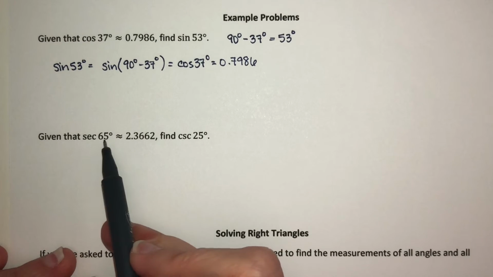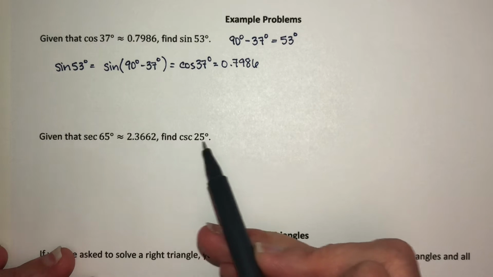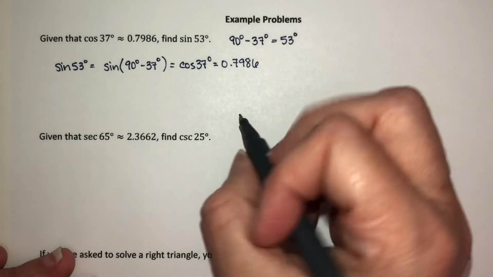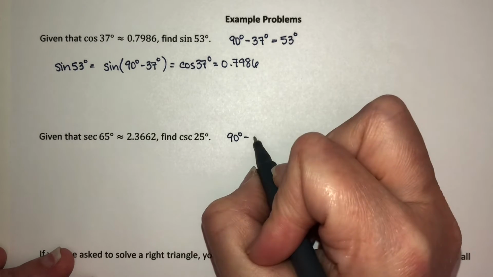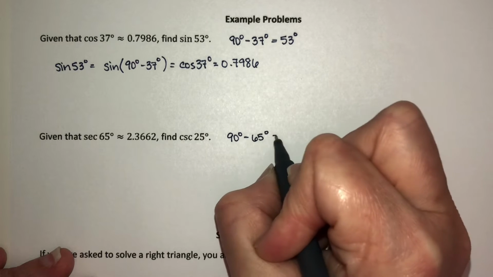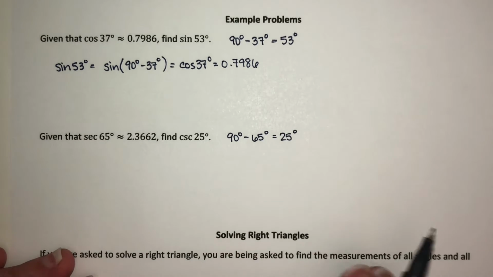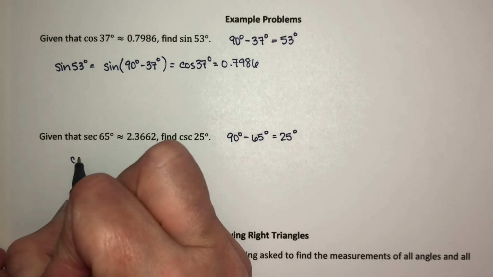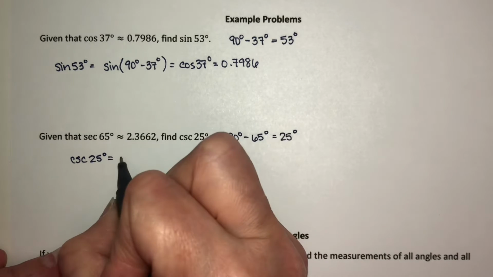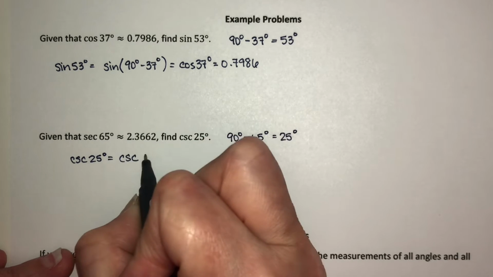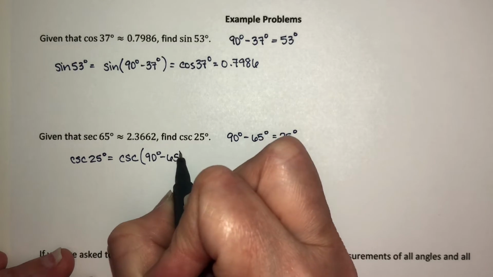Given that secant of 65 degrees is 2.3662, find cosecant of 25 degrees. 90 degrees minus 65 degrees is 25 degrees. So we have the same kind of thing happening again. Cosecant of 25 degrees is the same thing as cosecant of 90 degrees minus 65 degrees.